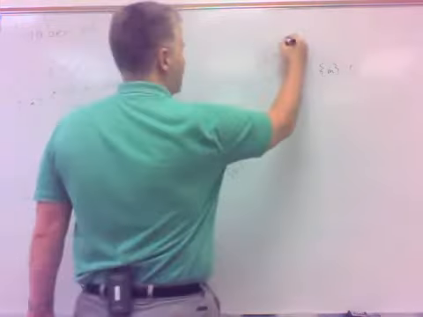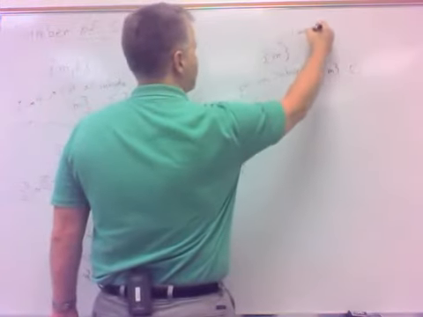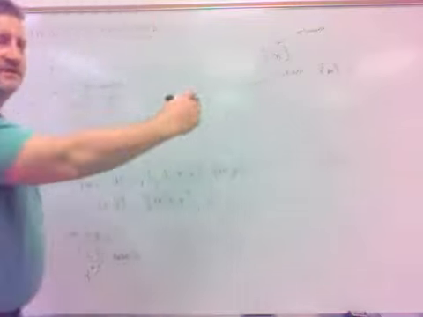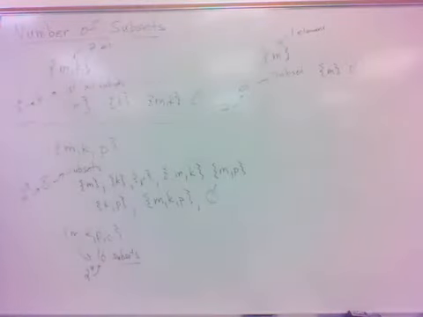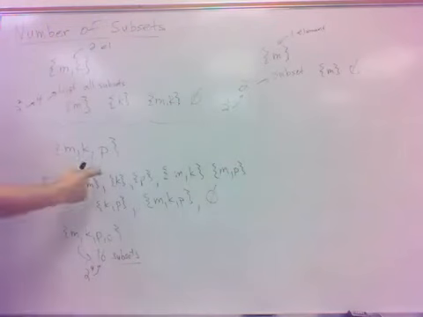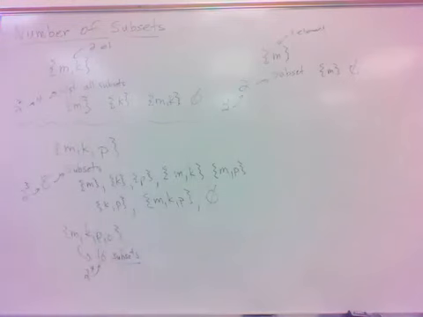Notice this set has 1 element, and there's 2 to the 1 subsets. This one has 2 elements, and there's 2 to the 2nd subsets. This one has 3 elements, and there's 2 to the 3rd subsets. This one has 4 elements, and there's 2 to the 4th subsets. So if I had 10 elements, how many subsets is that going to have? 2 to the 10th power. Yes. The power of 2 for your number of subsets is always the number of elements there are.